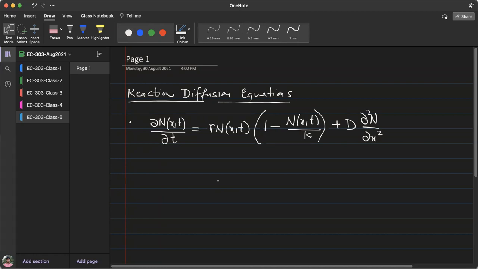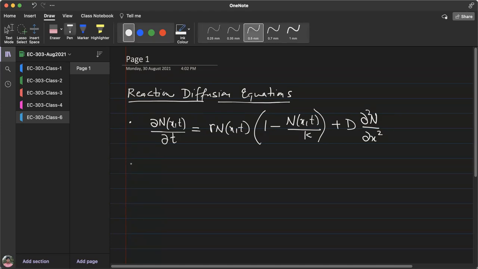When that is indeed the case, I will of course tell you. But for a large part, whatever we do in 1D can also be easily applied to 2D as well. Okay. So with that caveat about dimensionality, I have written down the Fisher-Kolmogorov equation, which is the reaction diffusion equation where the reaction term is a logistic model.